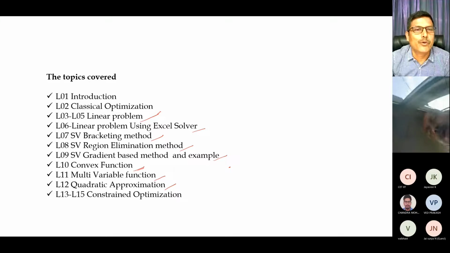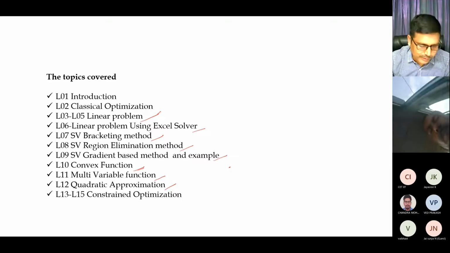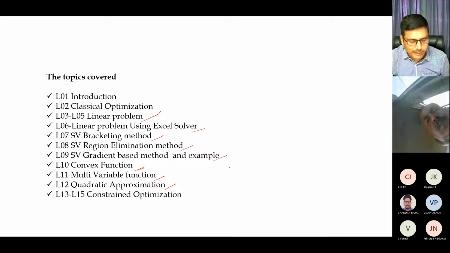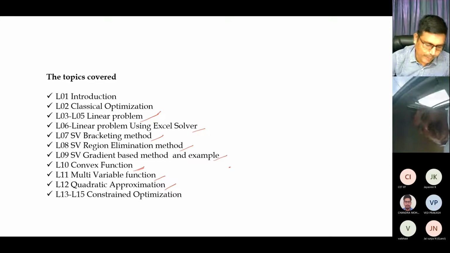If your function is a quadratic function, you can apply Newton's method. For a non-quadratic function, I can approximate the function as a quadratic function, and then apply Newton's method in an iterative way.